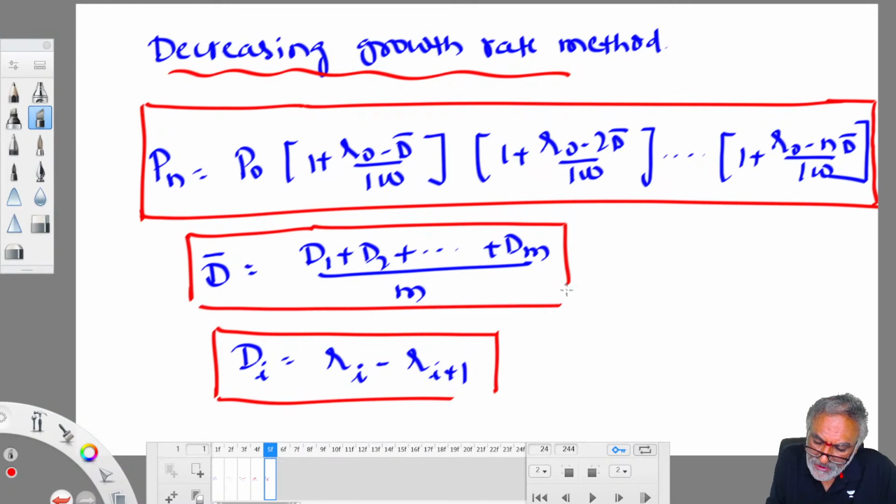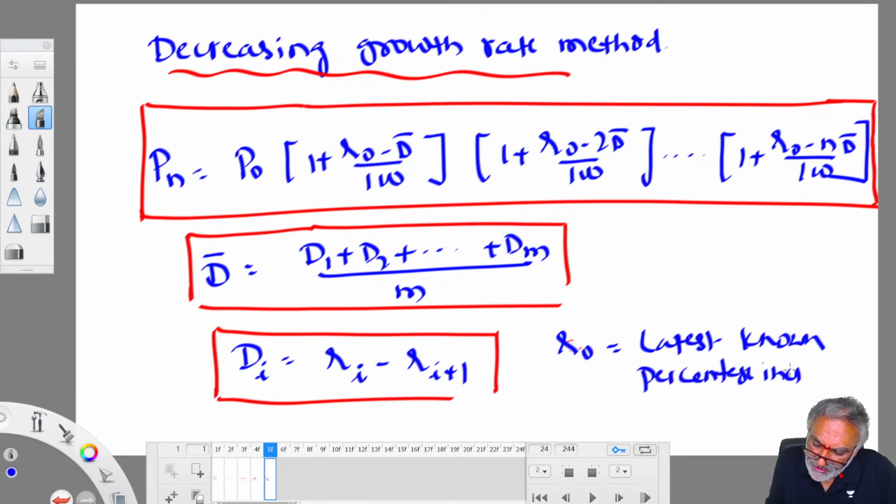Understood? So R naught is, among all percentage increases, the latest percentage increase, the latest known percentage increase in population. That is taken as R0.